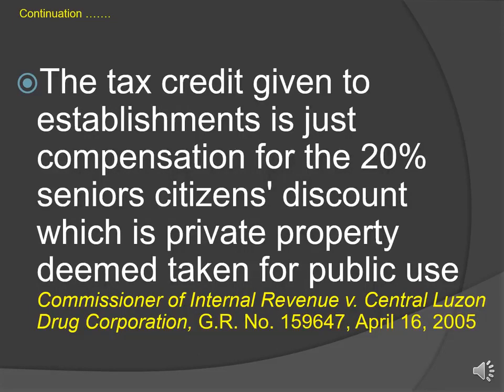Upon the other hand, when you talk about deductions, it's a reduction of the gross income in order to reduce the income subject to tax. So you have gross income less allowable deduction equals income subject to tax, multiplied by the tax rate, then you have the tax that's due. So you notice, it is more advantageous to have a tax credit compared with the tax deduction.